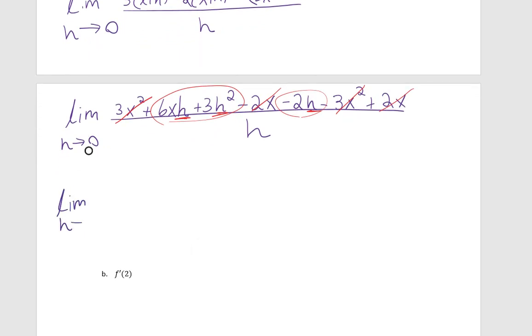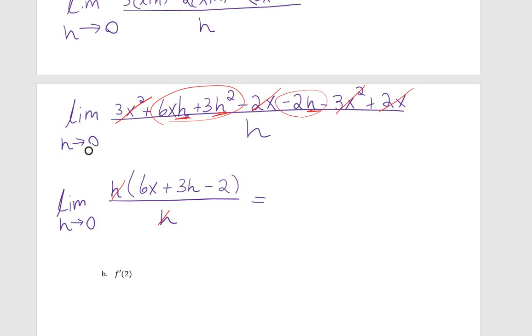So I get the limit as h approaches 0 of h times (6x. If I pull an h out of here, I'm left with a 6x. If I pull an h out of this piece, I'm left with a plus 3h. And if I pull an h out of here, I'm just left with a minus 2) divided by h. Now those h's cancel out.